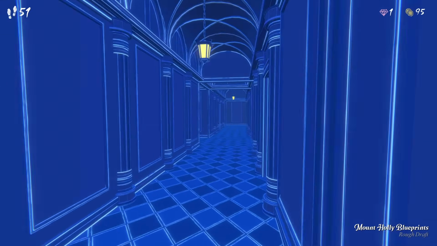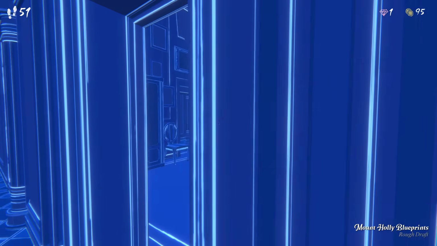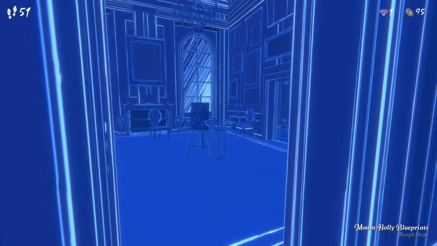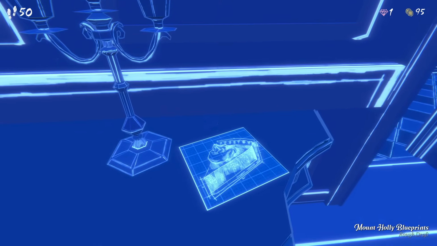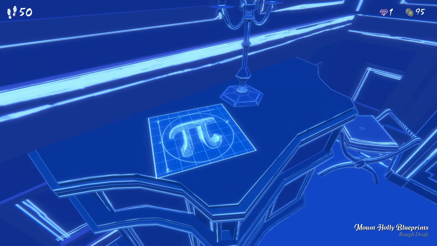I need this room. Drawing room, huh? Did I write these down? I only have the word "we" written down. Where are the drawings gonna be? And I know I've looked at these too, it's just so annoying. Pie and pie.